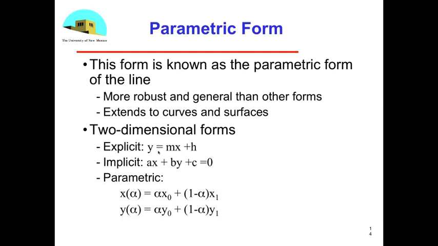And if I reverse it and say x equals 1 over m times y plus a constant, that doesn't work for horizontal lines, so that's a problem, and it's more than just a little mathematical problem. It's a real problem when you're trying to draw lines as fast as you possibly can, and you say, well, it might work for some, and I'll have to use this other form for others. That's going to slow you down.